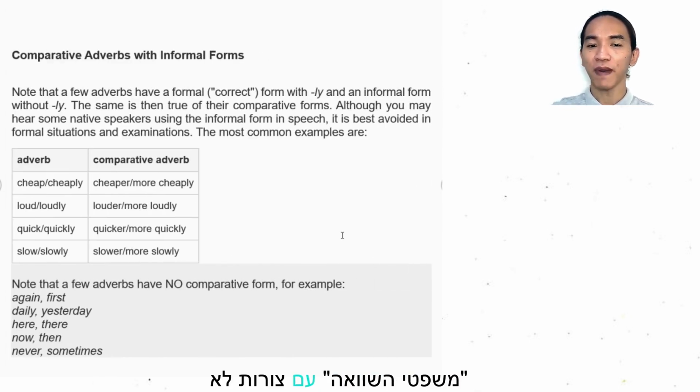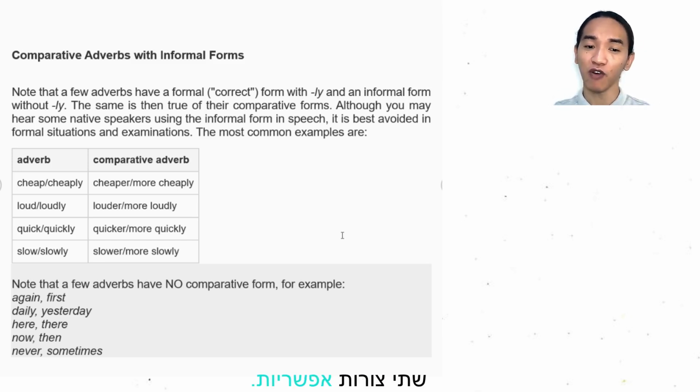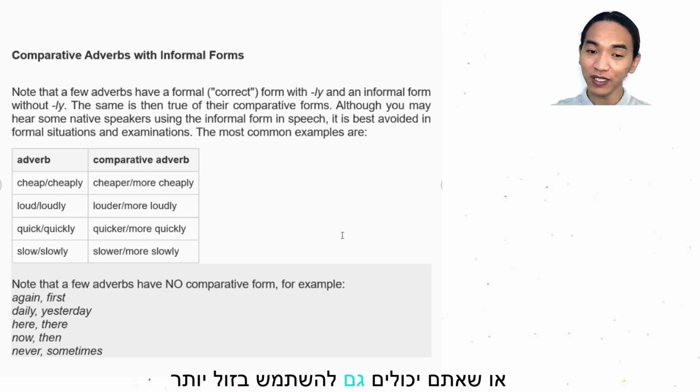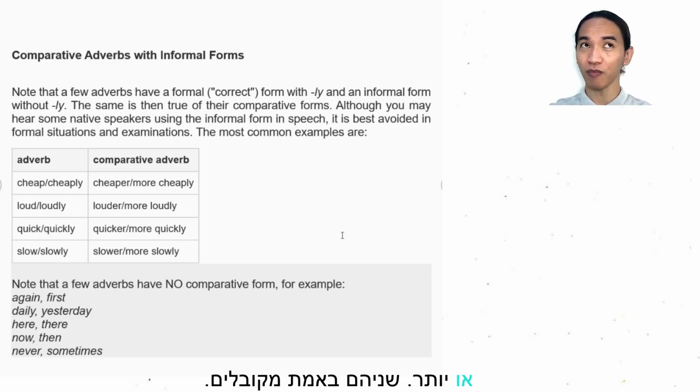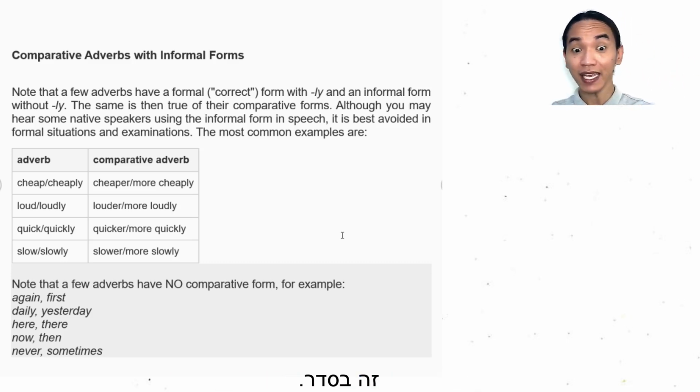Now, comparative adverbs with informal forms could have two possible forms. So it's either you use by adding ly, or you can also use cheaper or more. So both of them are actually acceptable. Example, when you say cheap and cheaply, that's okay.